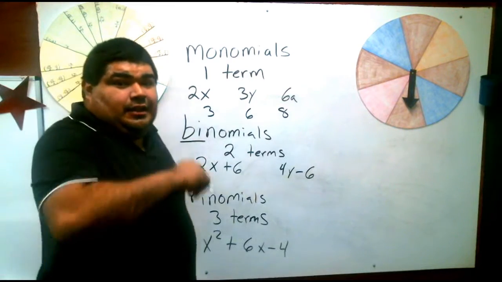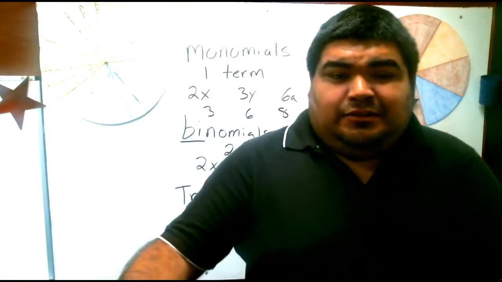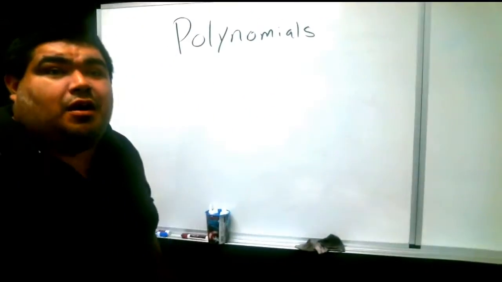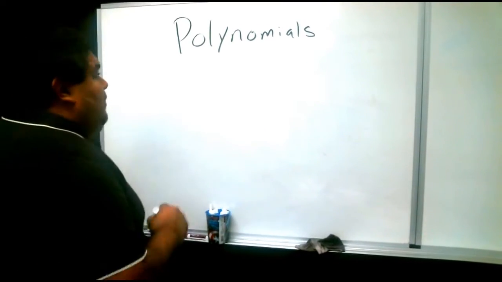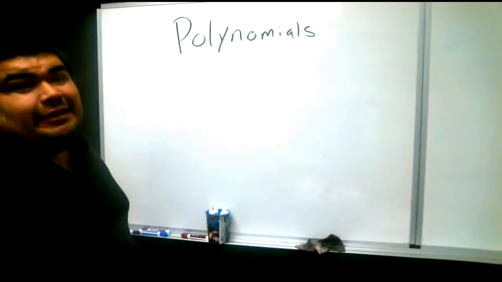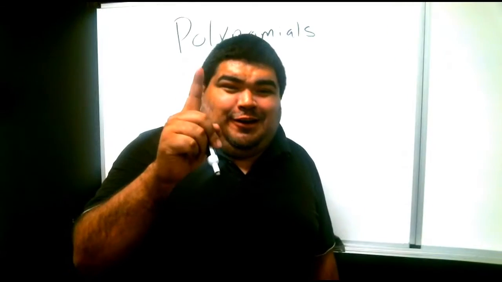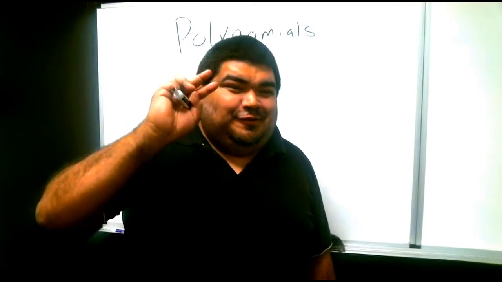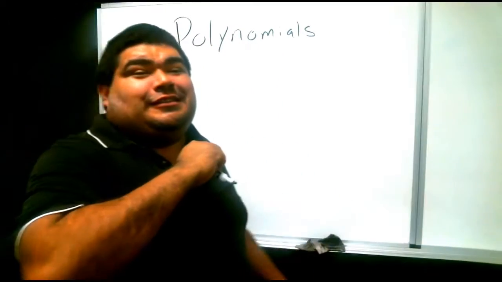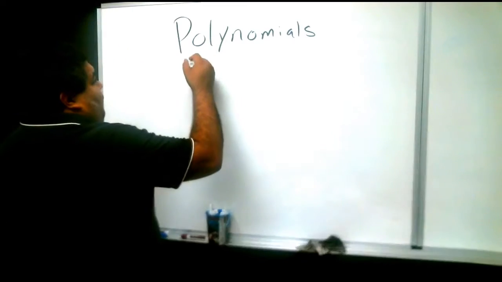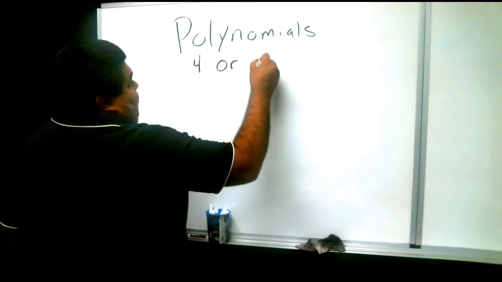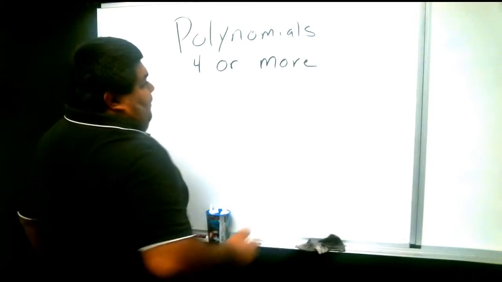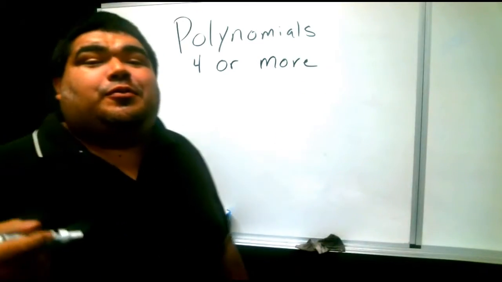And if you remember, our last one here is polynomials. Hint, hint. We had 1, we had 2, we had 3. This is 4 or more. They only went up to polynomials.